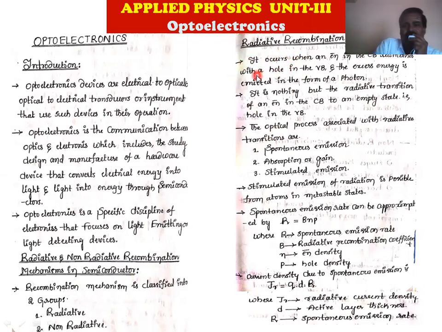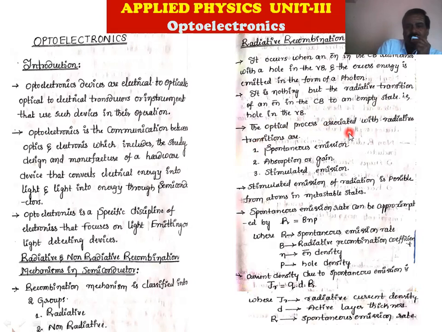Radiative recombination occurs when an electron in the conduction band recombines with a hole in the valence band and the excess energy is emitted in the form of a photon or light. It is nothing but the radiative transition of an electron in the conduction band to an empty state, that is a hole, in the valence band.